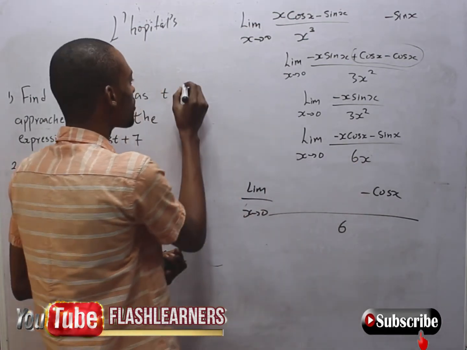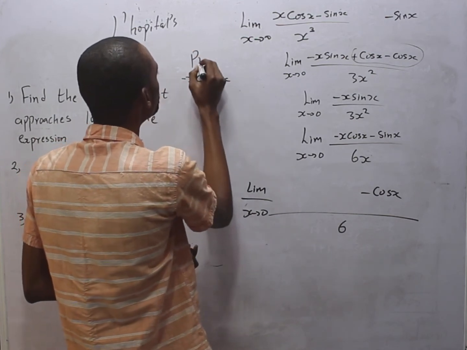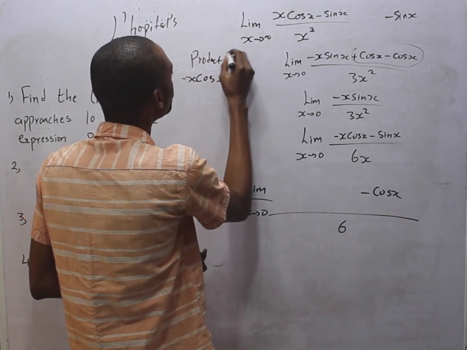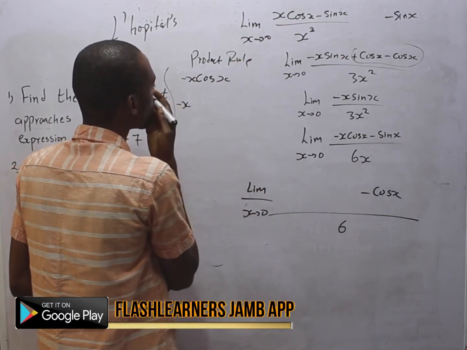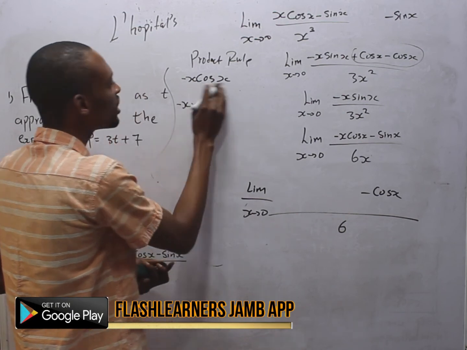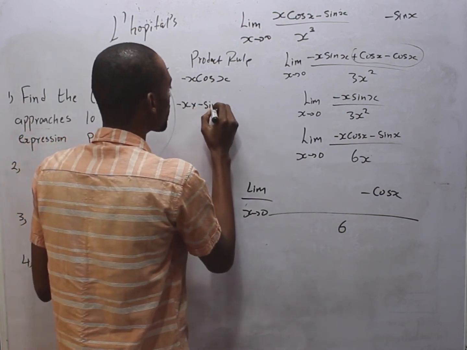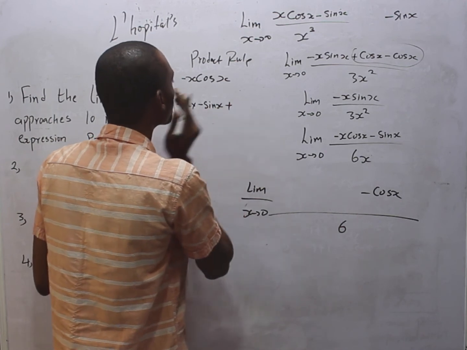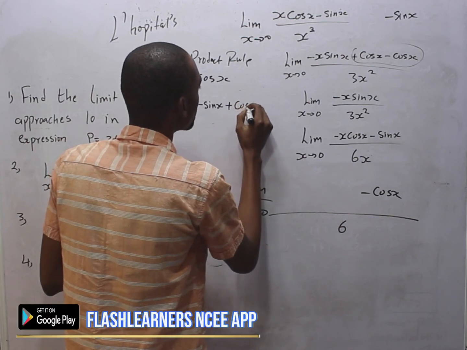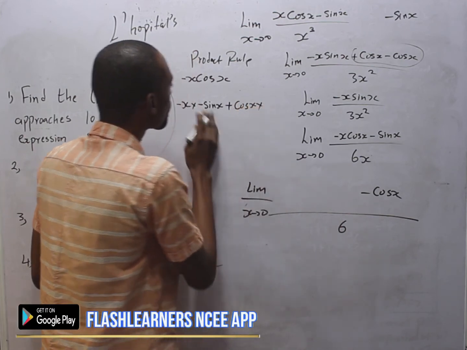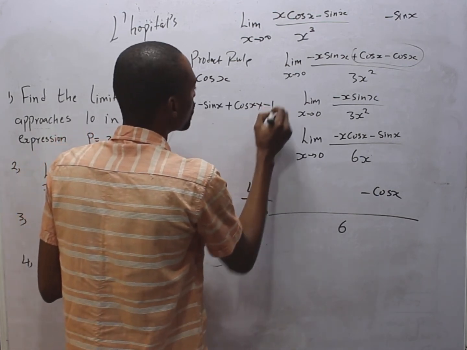Now differentiating minus s cos s using product rule. Keep minus s constant times, when you differentiate cos s, you get minus sine s, plus, keep cos s constant, cos s, times you differentiate minus s to give you minus 1.